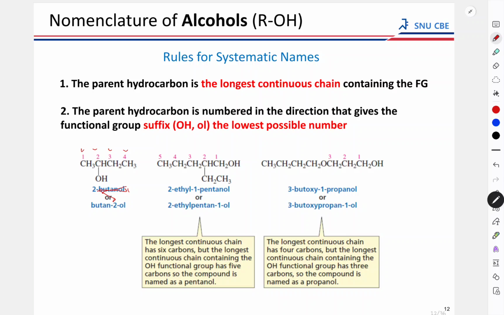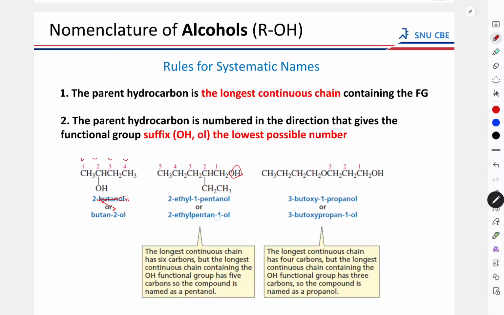What about this one? You can identify the longest possible chain that contains this OH. It should be this way. So you have 5 consecutive carbons, so it's going to be pentanol at the end of the day. And there's a way you should choose the numbers. You should start this one as number 1, so as to make the carbon attached to the OH group the lowest possible number.